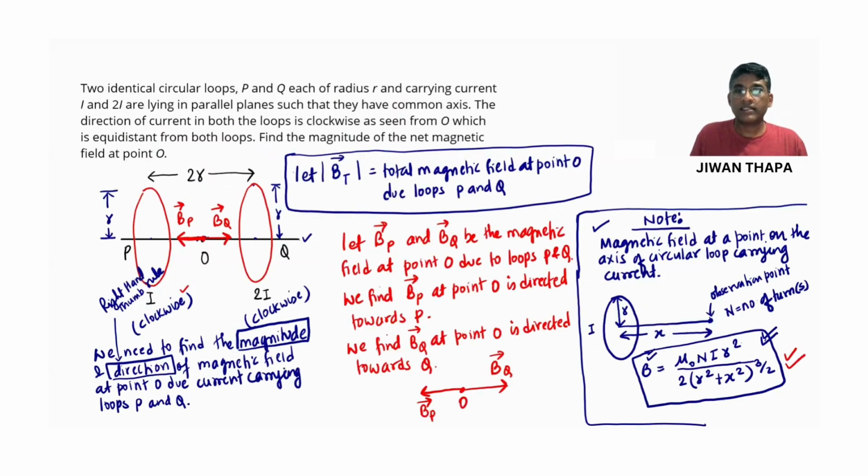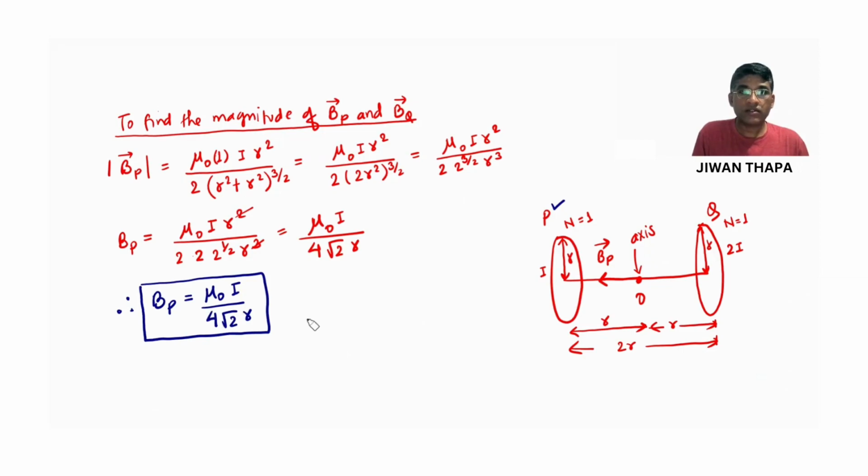Clear? So as I said earlier, we are using this relation in order to find the magnitude, okay, at point O, which is lying on the axis of P and Q. So we have this. So let's call it equation 1.